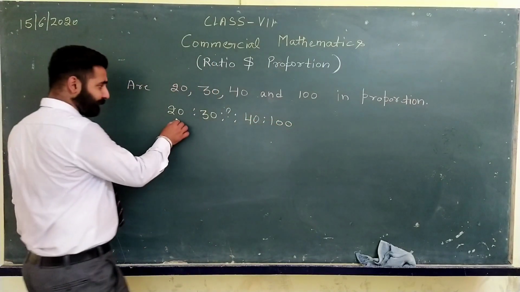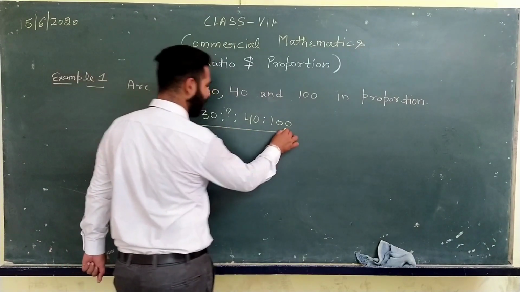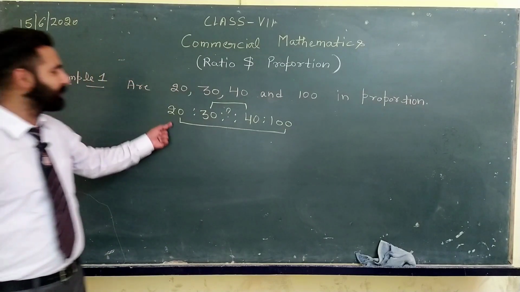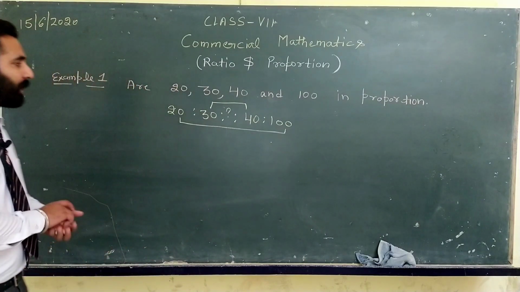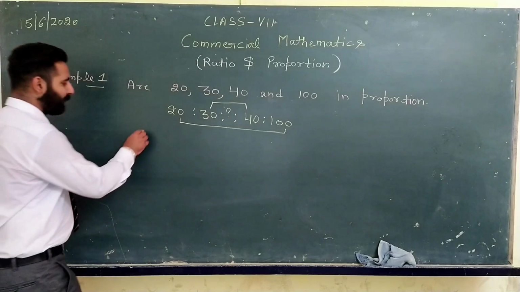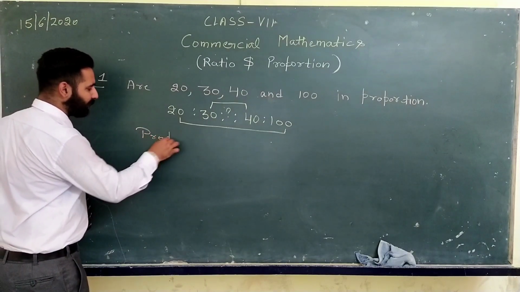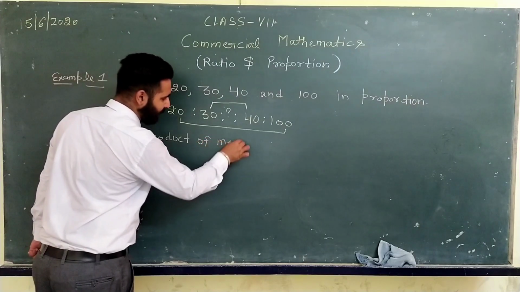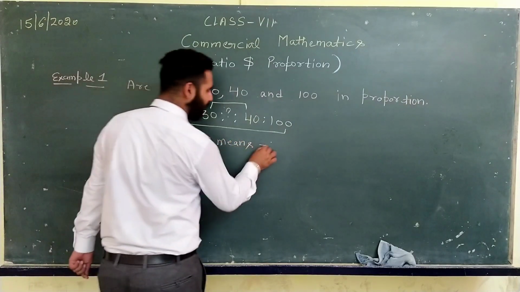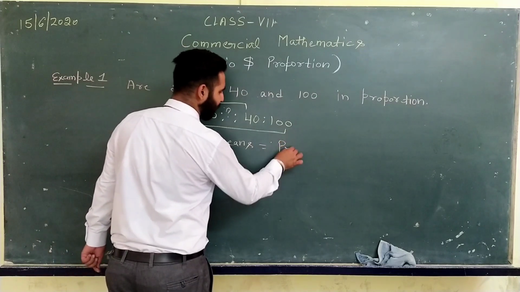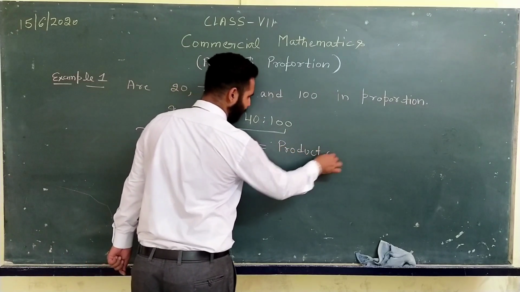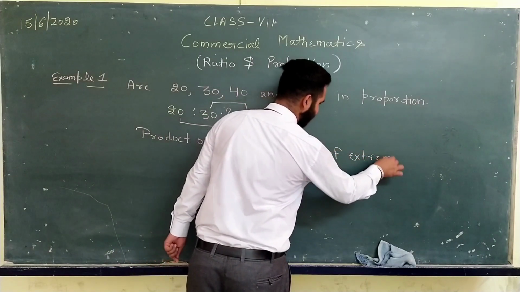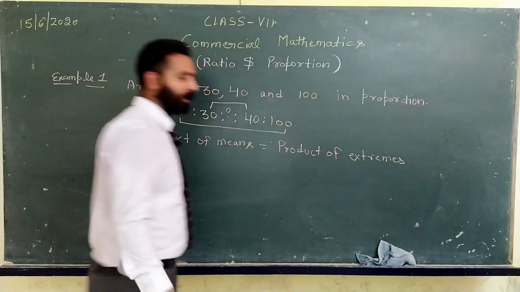The means are 30 and 40 and extremes are 20 and 100. If product of means is equal to product of extremes, then they are in proportion.